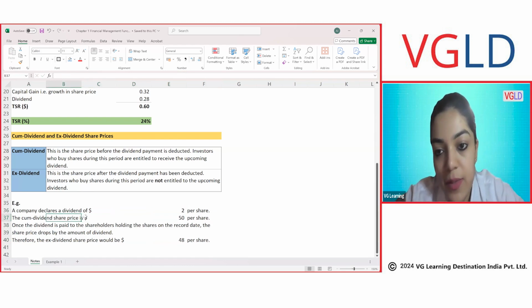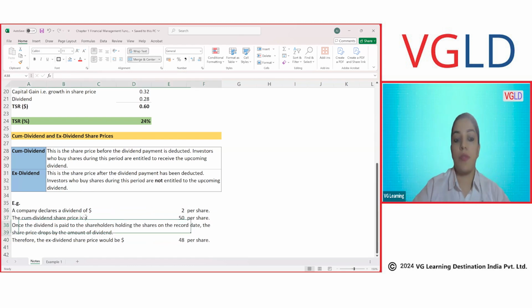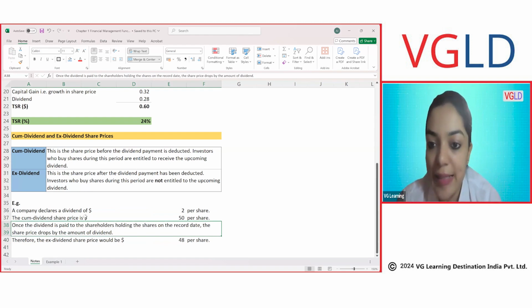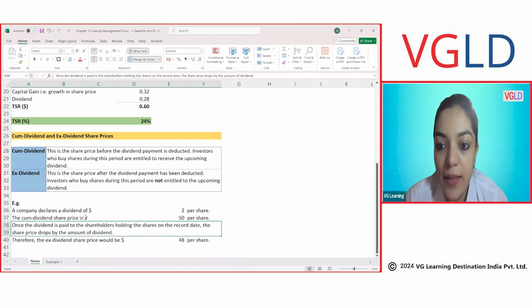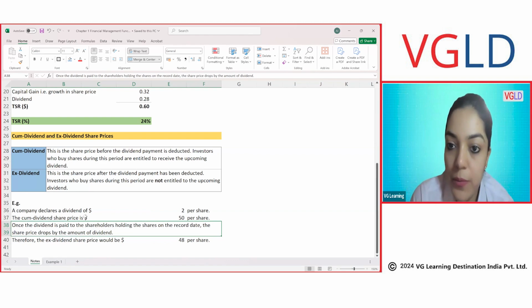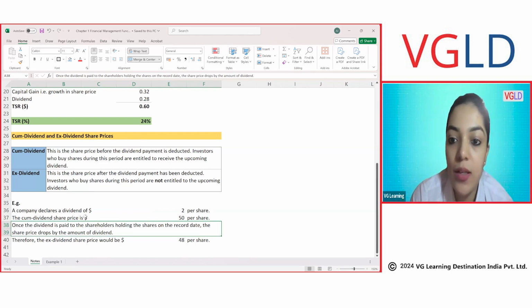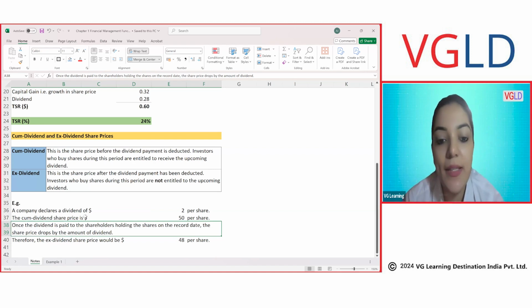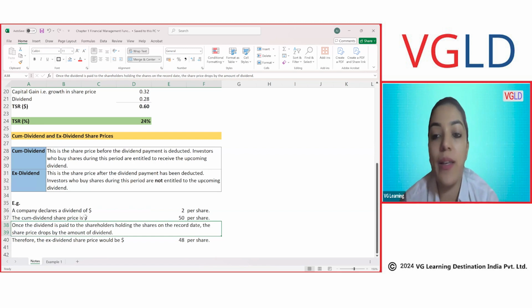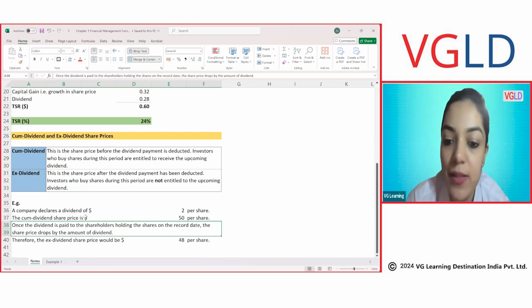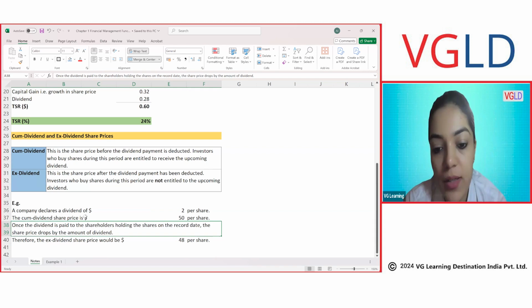So as and when the announcement happens about dividend, the share price increases. That means anyone who is holding the shares now will get the dividend. So up to the record date, the share price remains cum dividend. That means it includes the value of dividend. So anyone who is acquiring the share now, they have to pay a higher price because immediately after the record date, they will get a benefit of $2.